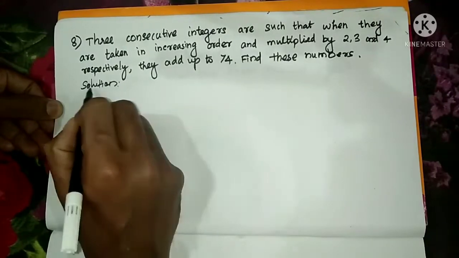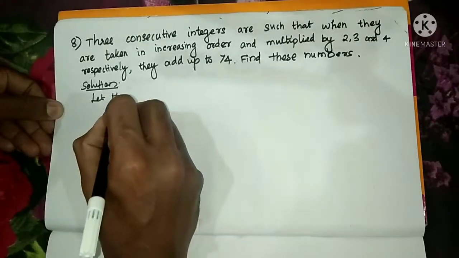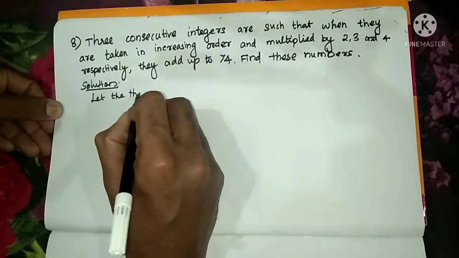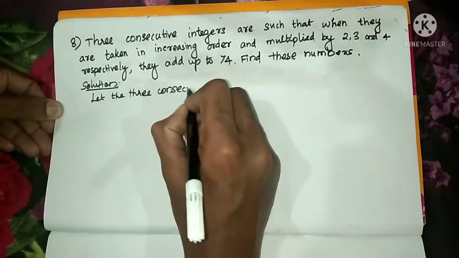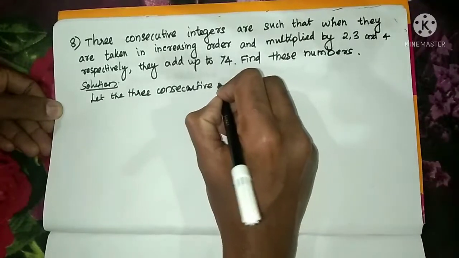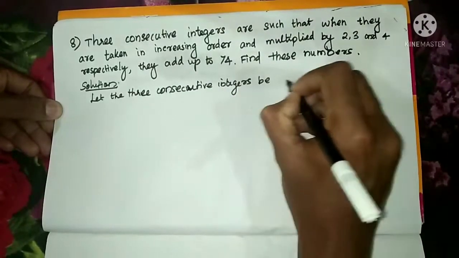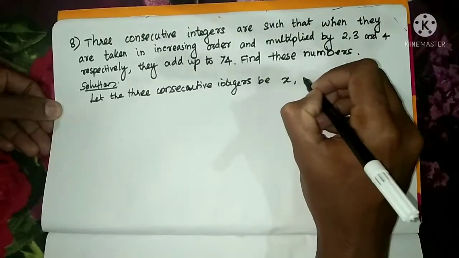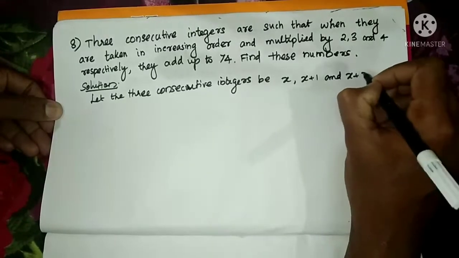Let the three consecutive integers be x, x plus 1 and x plus 2.